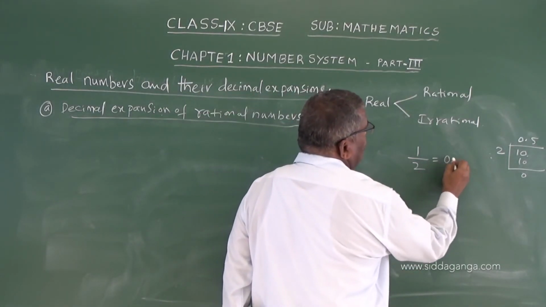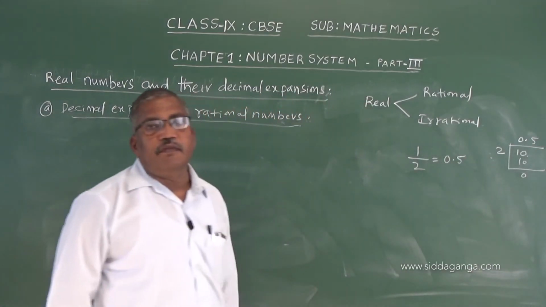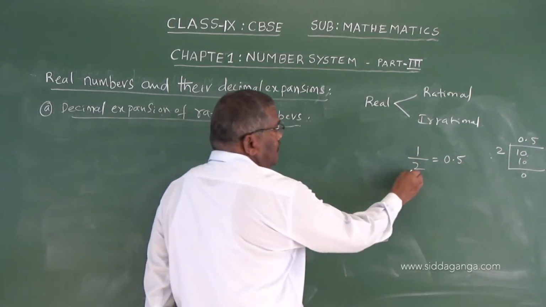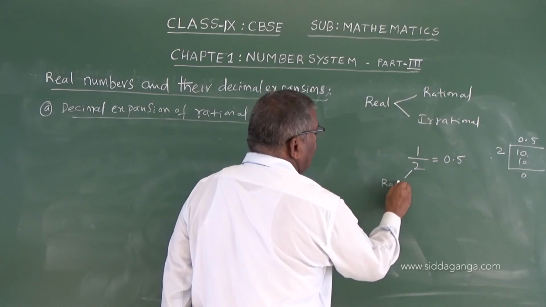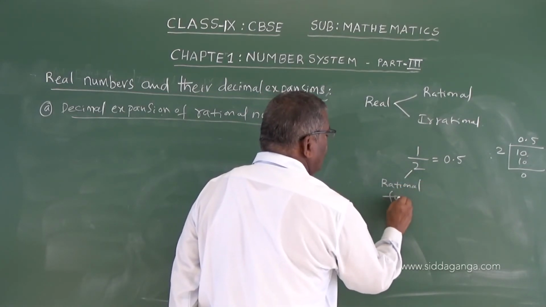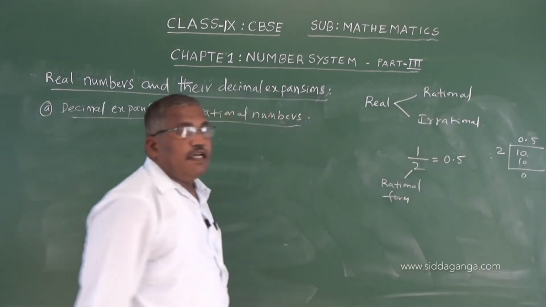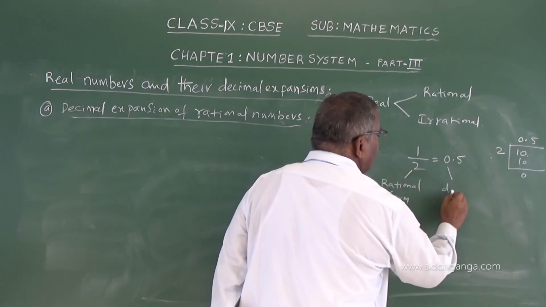You all know that half is nothing but 0.5. This is known as the rational form of this number, whereas this 0.5 is known as the decimal form of this number.